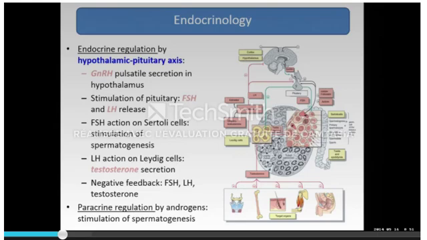Okay? So, 3 steps: GnRH on the hypothalamus, pulsative secretion, FSH, LH in the pituitary, and testosterone in the testes, and particularly Leydig cells.